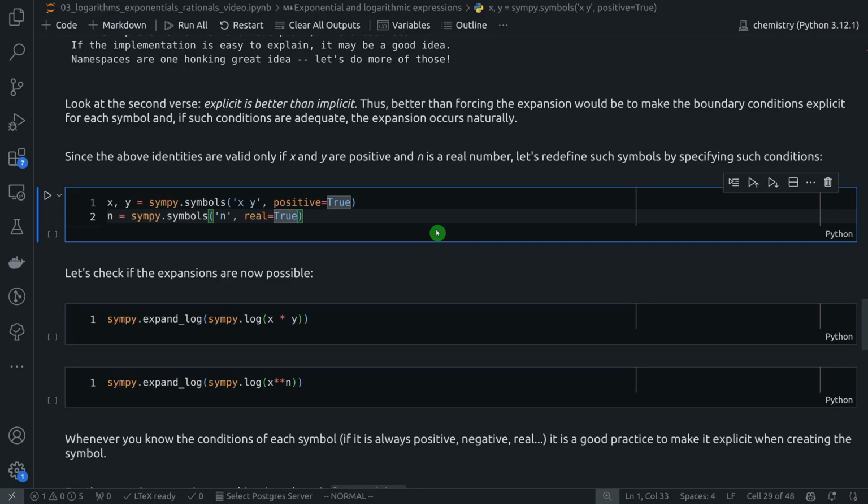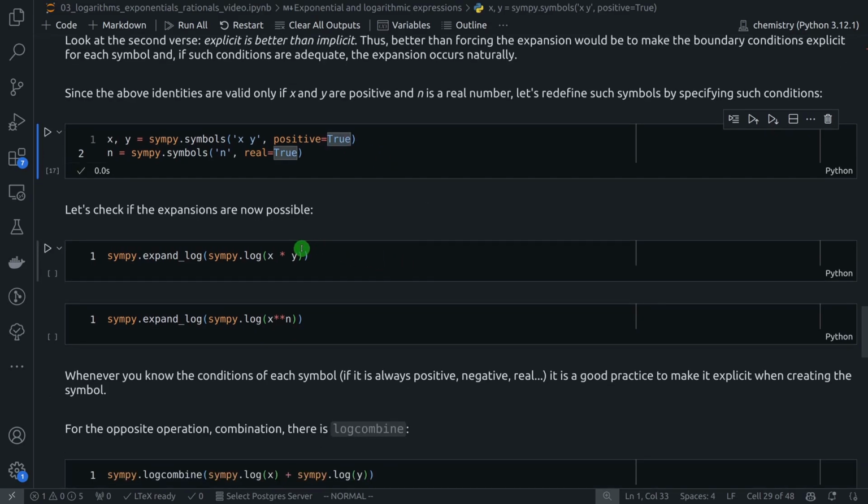So let's redefine x, y, and n. But now I'm defining x and y as positive numbers with this positive parameter, and I'm defining n as a real number with this real parameter. Okay, so let's run this cell, and now let's try again to expand the logarithm of x times y.